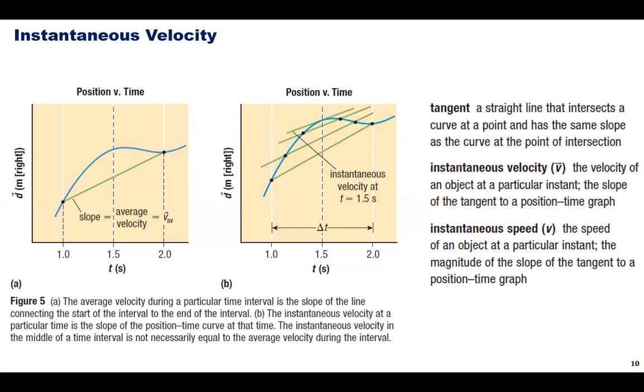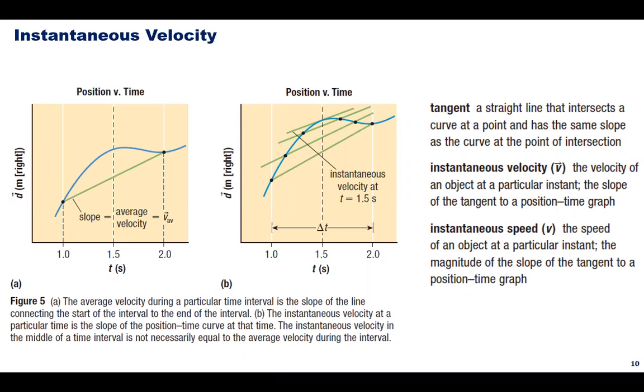In figure 5a, the slope of the position time curve varies considerably as we move through the interval from t equals 1 to t equals 2. If we want to get a more accurate description of the object's motion at a particular instant within the time interval, say, for example, t equals 1.5, it's better to use a smaller interval.